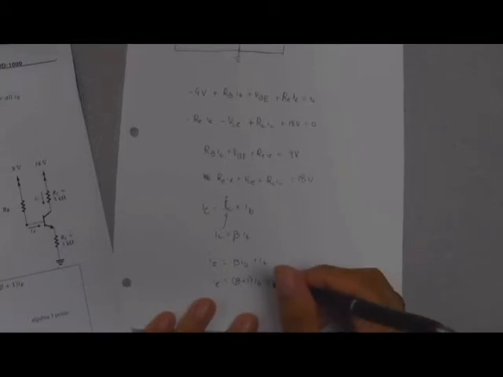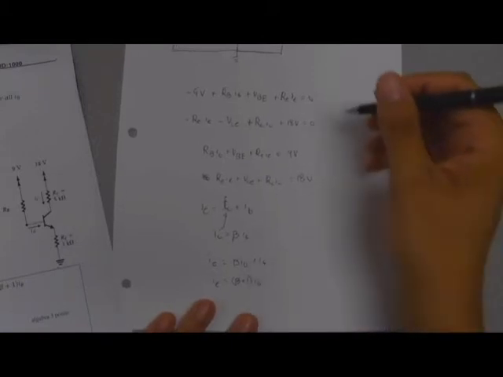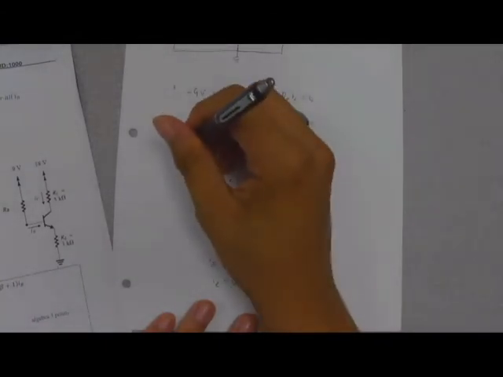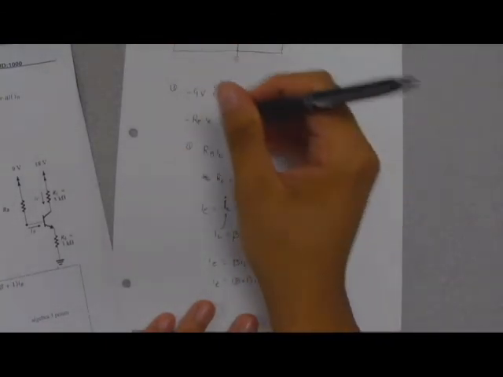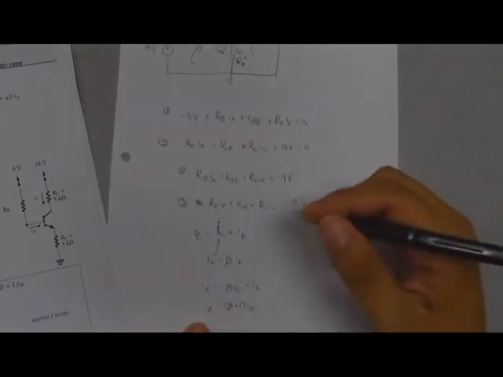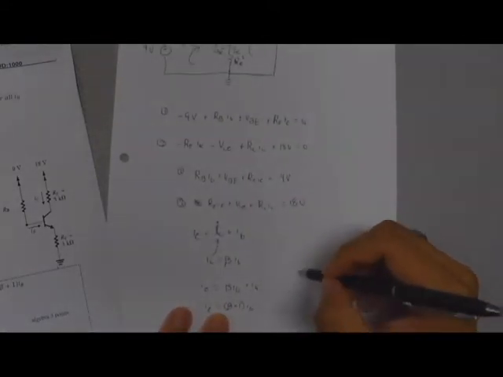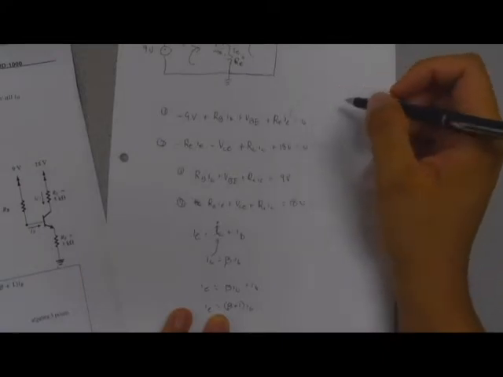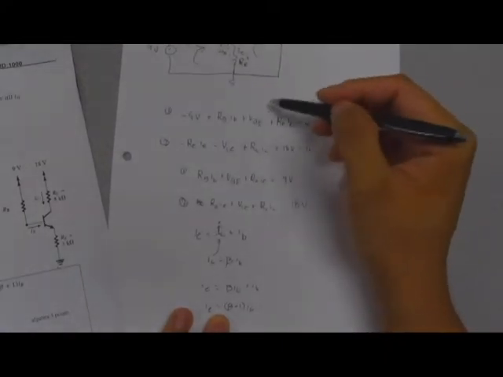Well, this relationship helps us a lot, because if we look at equation 1, we can take IE, plug it in, and solve this equation for IB. Let's go ahead and do that.